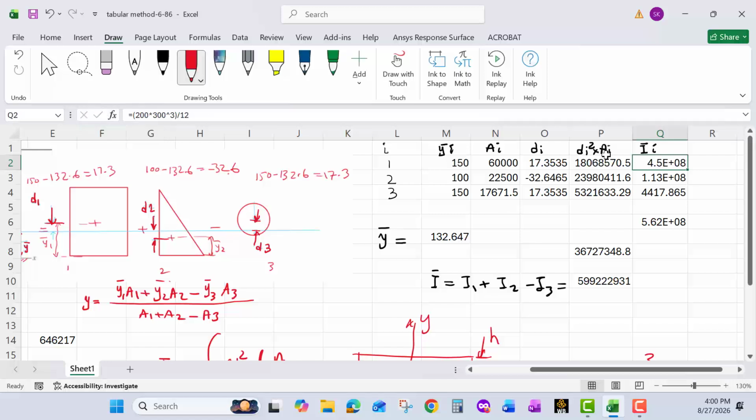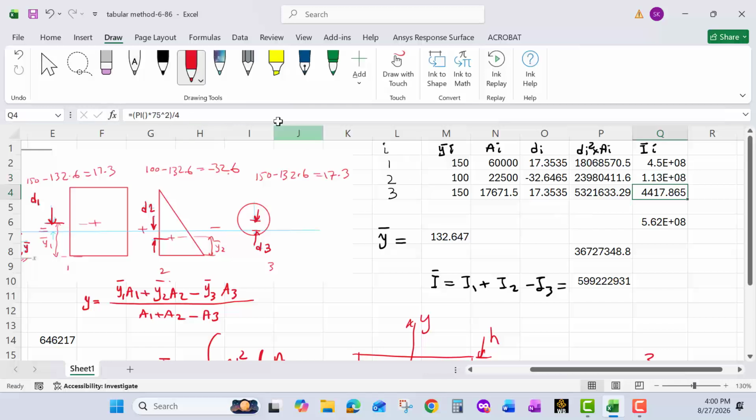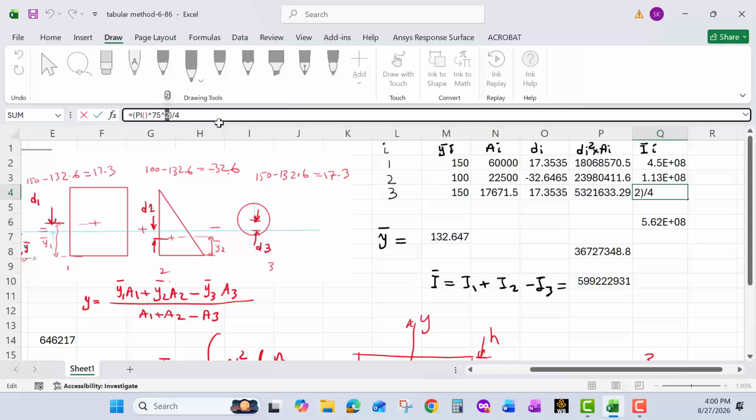For a triangle, the formula from the standard book is 1/36 BH cubed. So we enter that. For a circle, the standard I is pi multiplied by radius to the power of 4. I made a mistake here, so let me rectify this.